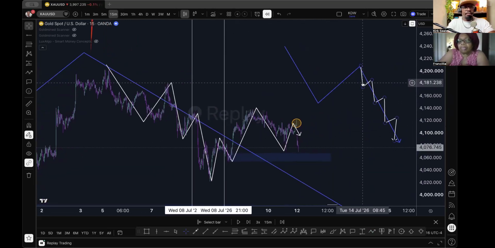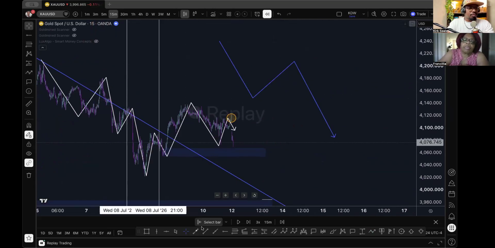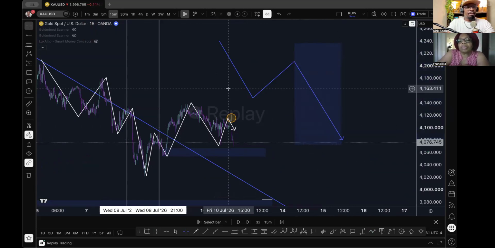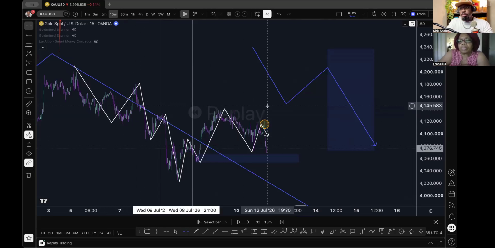All right. Now we got this zigzag stuff happening within this rectangle. All right. So now I want to try to simplify this for you guys a bit more.